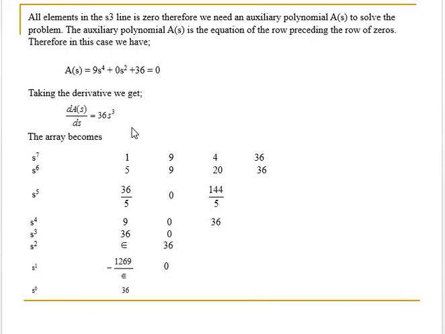From this line we get this formula, and then we differentiate. Taking the differentiation dA(s) per ds, we get 36 s power 3. It means we take here for s power 3, 36, and all this 0.